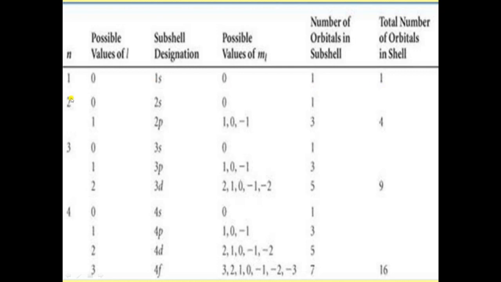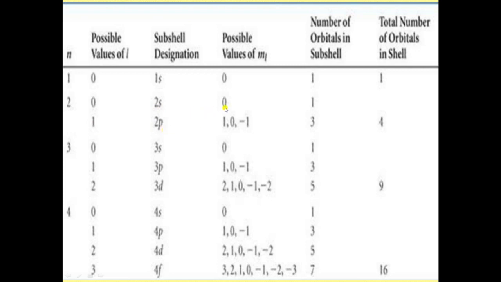Now next, when the value of n is 2, that means the second shell. Now you have to determine how many subshells and how many orbitals are present in the second shell. So here you apply the formula 0 to n minus 1, 0 to 2 minus 1, that is equal to 1. So 0 and 1, only 2 subshells are present. For 0 we will write s, for 1 we will write p. The shell is 2, so here 2s, 2p.